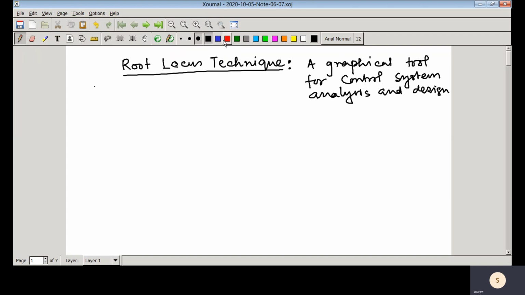So let us see a closed loop system. This is the reference command, and we have a forward path transfer function, that is G(s), and we have one parameter involved in that forward path transfer function.